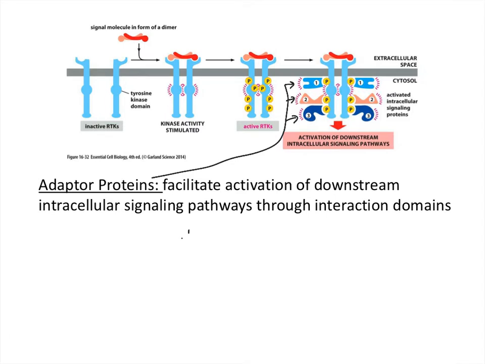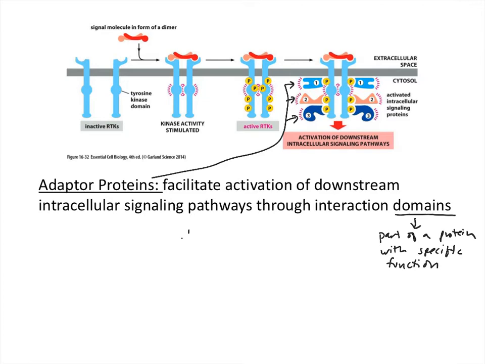One of the big things to focus on for this topic is domains. So I want to remind you about what domains are from previous parts of the course. So remember that domains, this is a part of a protein which has a specific function. So it's a discrete portion.